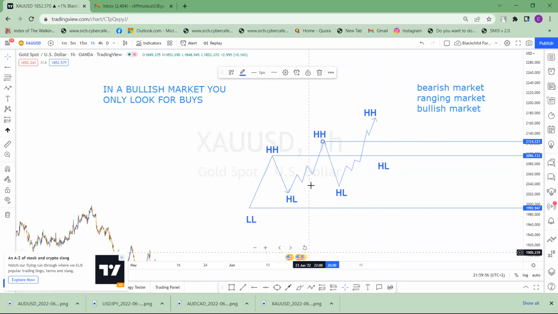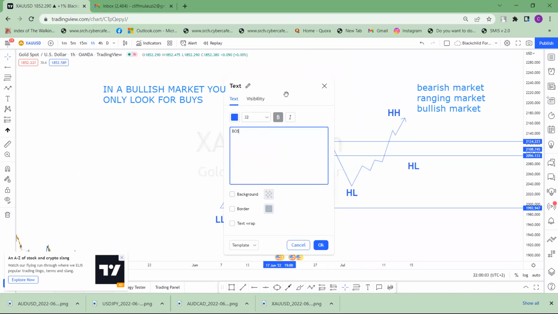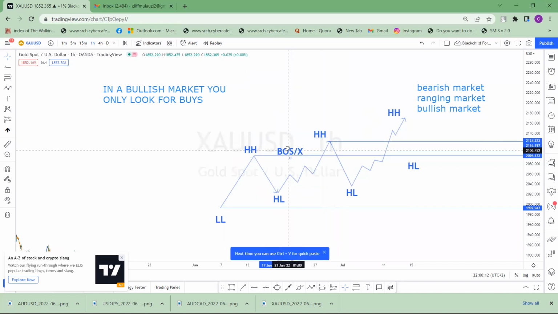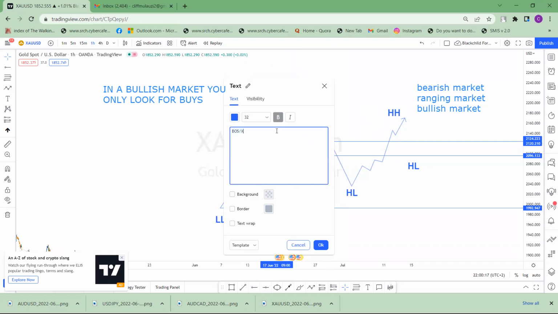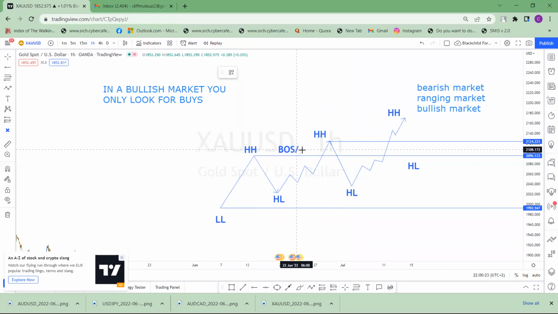This is what you call a break of structure, represented as BOS, or just X. So let me use this X. It's represented as that.